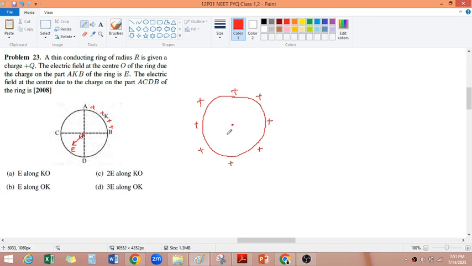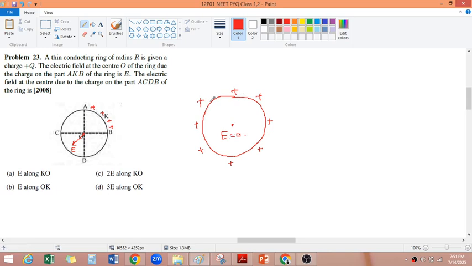Sharmila, Sandamil, Shelvan, any answers? So electric field inside this will be 0. Why? Because this plus and this plus will repel, this plus and this plus will repel, right? If I put a test charge here, what will be the force of repulsion? That is what is electric field.